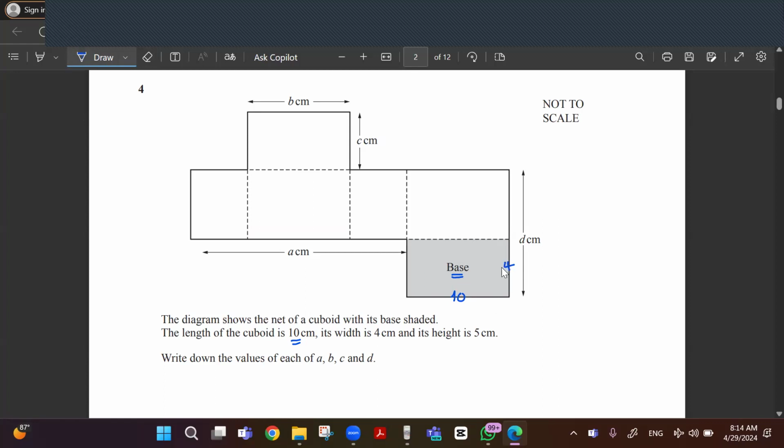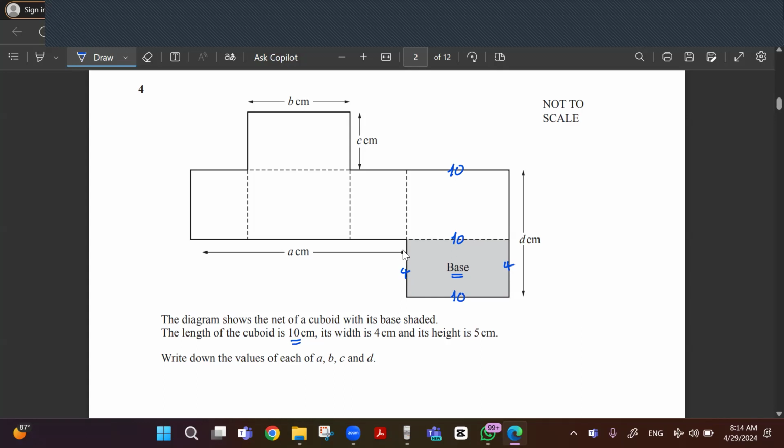So this is 10 centimeters and this is 4 centimeters. If this is 10, I'm going to go through the diagram back. If this is 10, this is also 10, and this is also 10, right? If this is 4, this is also 4. When I am going to make the cuboid, again, this is a net.